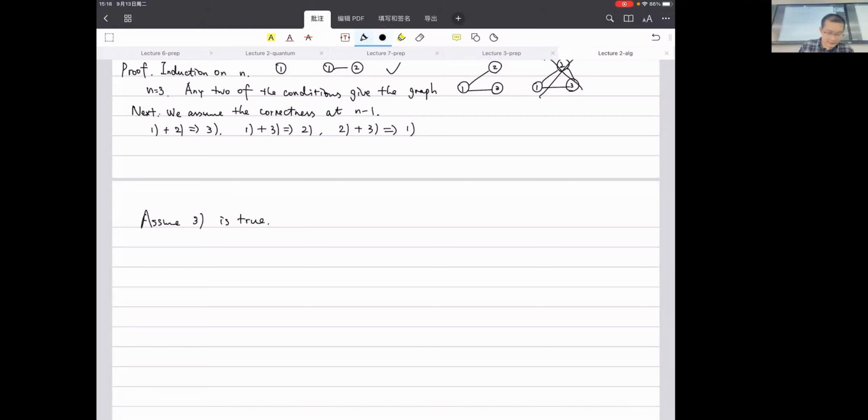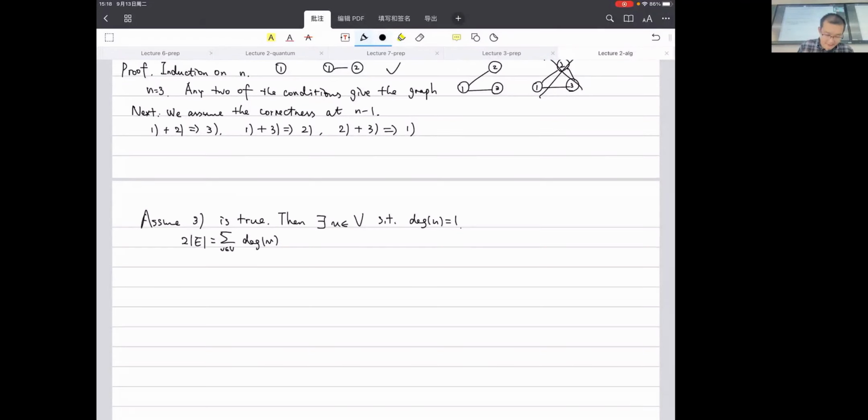Assume 3 is true, then we know that there exists a vertex U such that its degree equals 1. So why is this the case? Recall the fact that 2 times the number of edges equals the summation of the degrees of all the vertices.